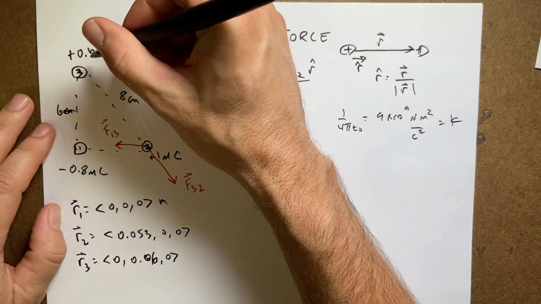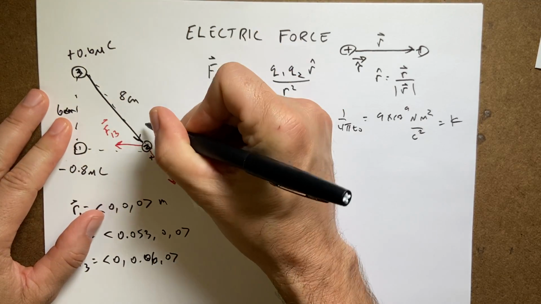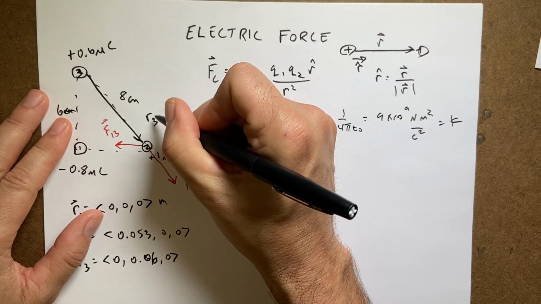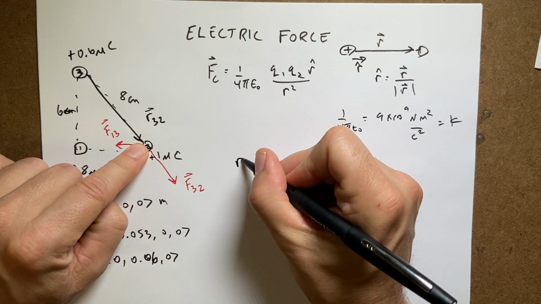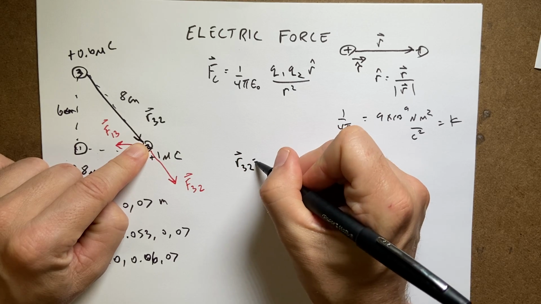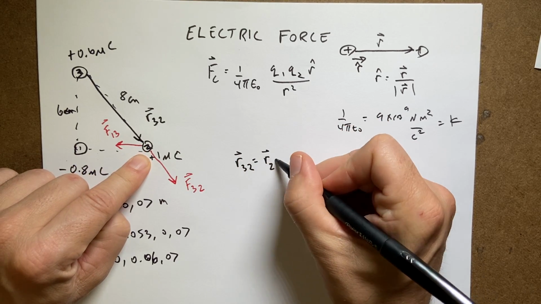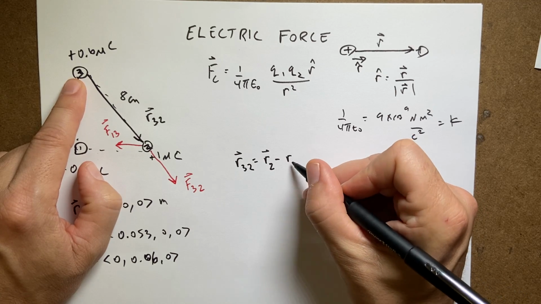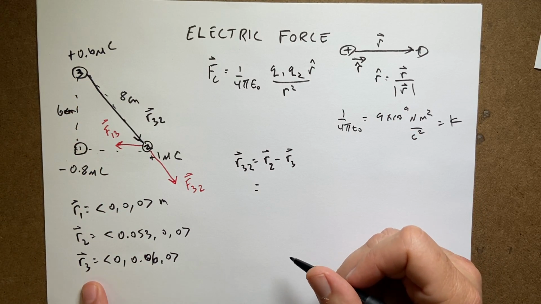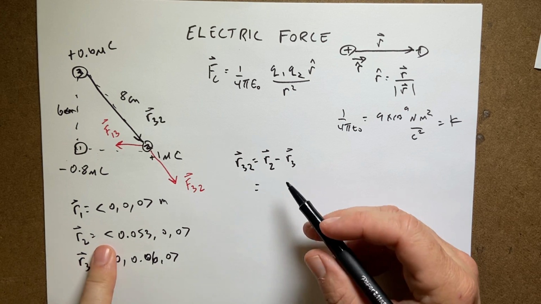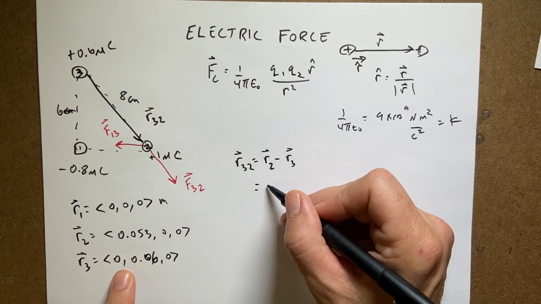The first thing I need to do is find this vector r, and let's call that r3,2, because it goes from 3 to 2. So r3,2 is going to be the position r2 minus the initial position r3. That's not too bad, because here the vector r2 is 0.053, 0, 0.